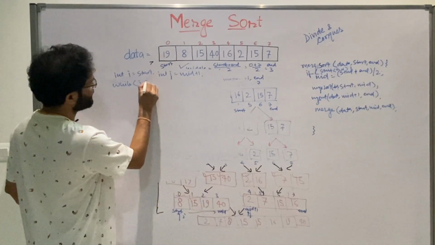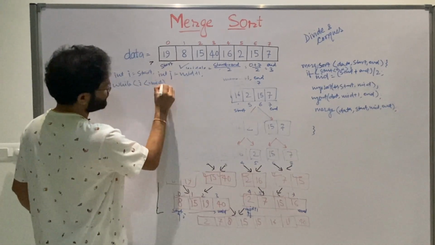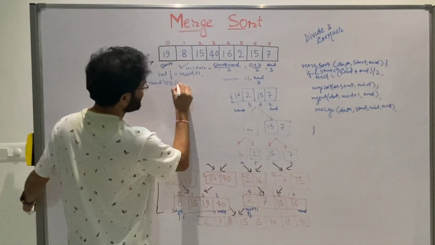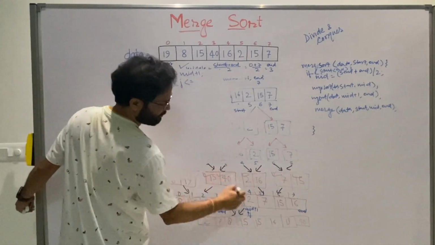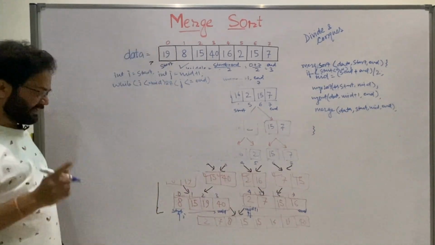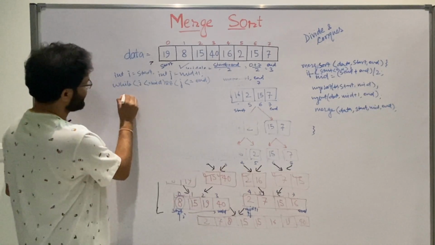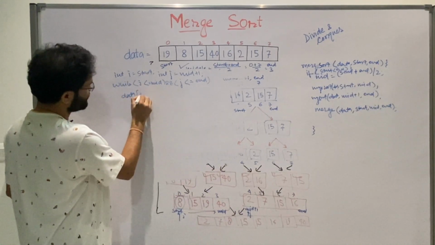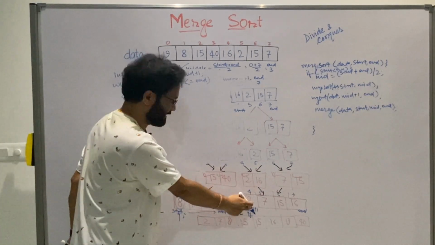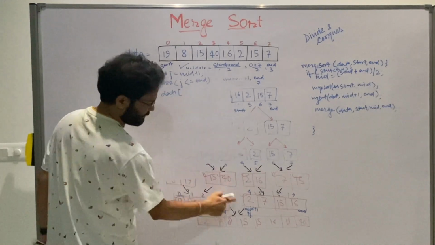So i should be smaller than or equal to mid, and j should be smaller than or equal to the end. Then take the first element, 8, and compare it with the first element of the second array, that is at j.